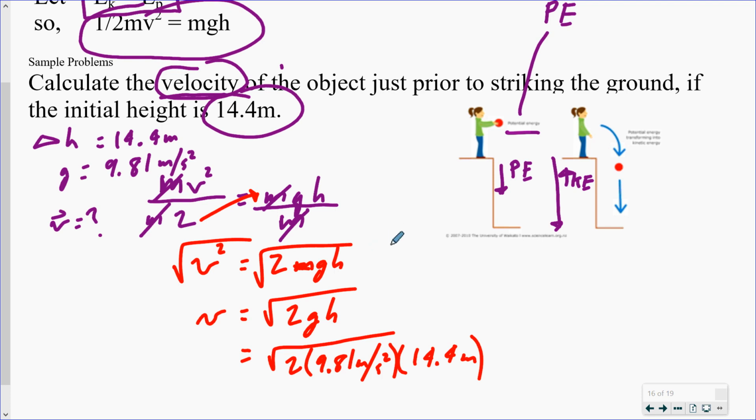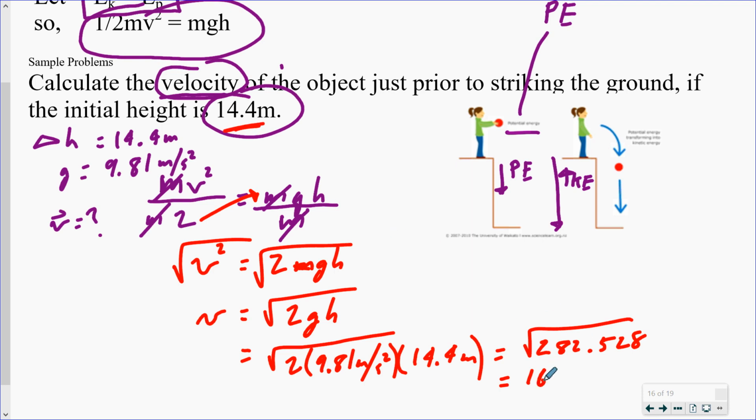Multiply those together, then we're going to take the square root of it. So maybe I better just show you all of those numbers multiplied together before I take the square root. So it is 282, and don't round anything until the end. 0.528. Keep all of those digits, then take the square root of it, and it works out to the correct number of significant digits. 3 is what we want to have.